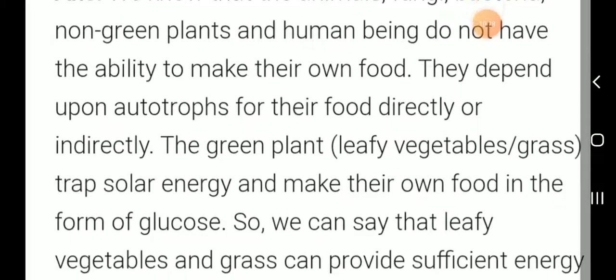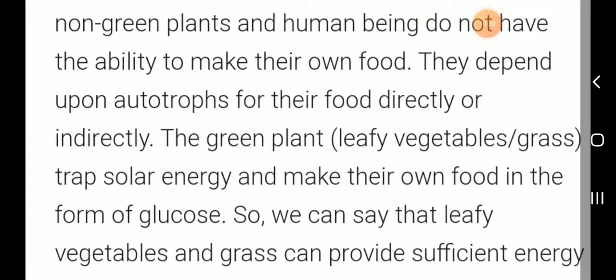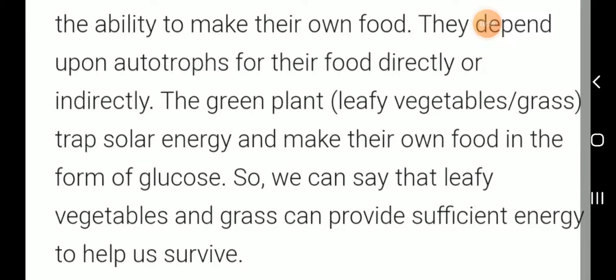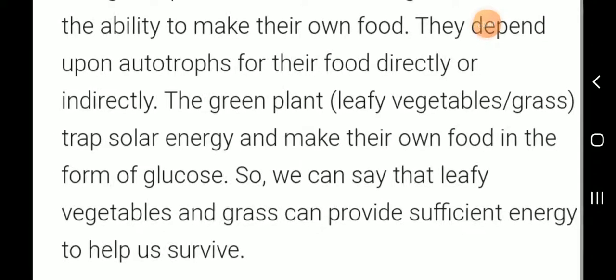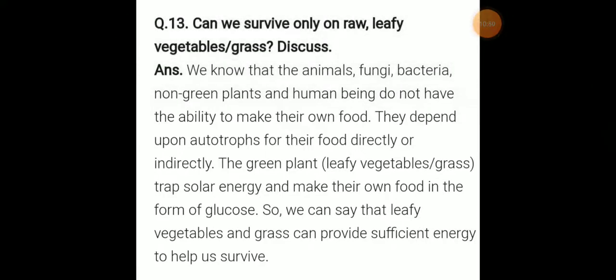The green plants trap solar energy and make their own food in the form of glucose. So we can say that leafy vegetables and grass can provide sufficient energy to help us survive. Okay, next one.